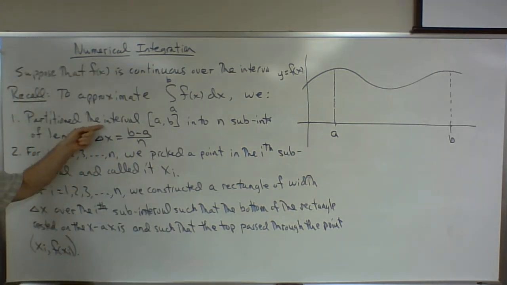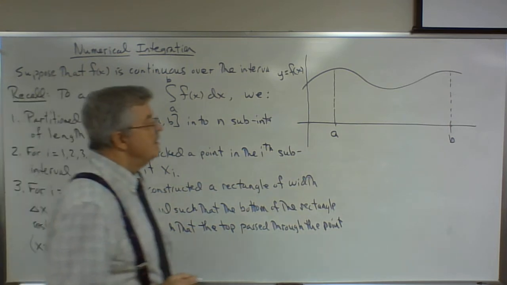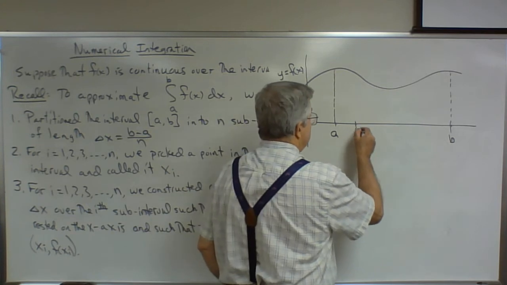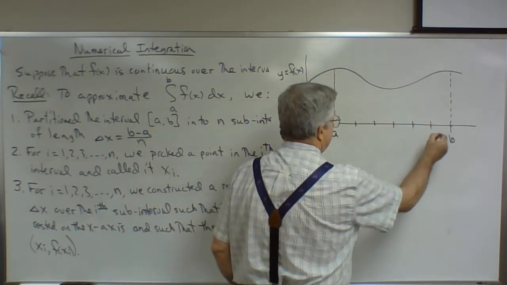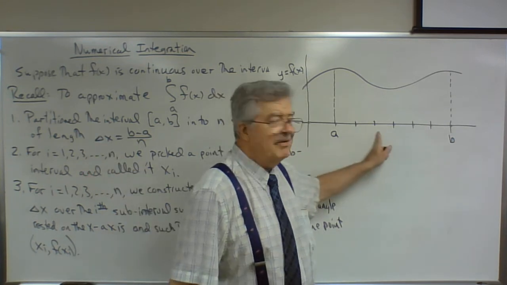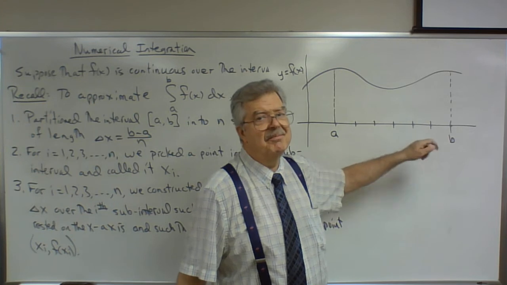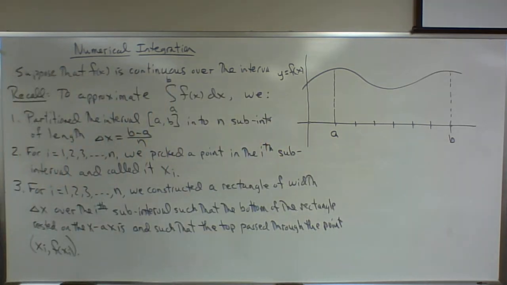First of all, we partition the interval a b into n subintervals of equal length. Delta x equals b minus a over n. So we have n subintervals here. Okay, use your imagination. There are n of them here, a lot of them here.